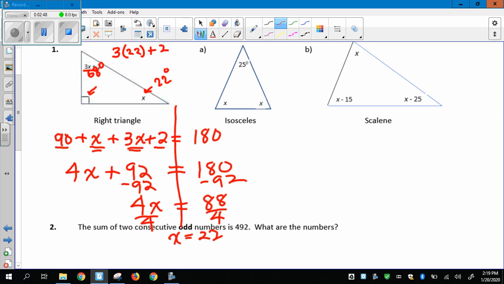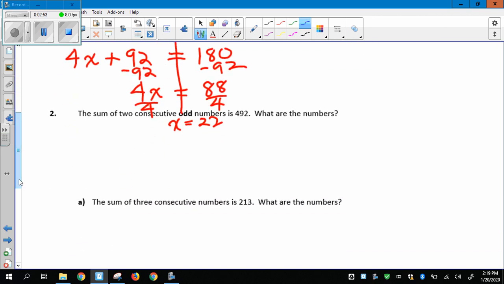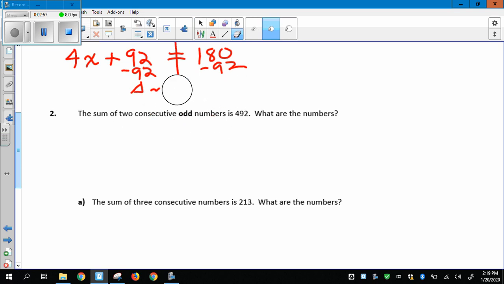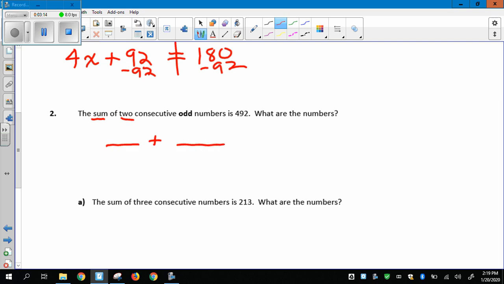So, the next type of problem is one of these consecutive integer problems. Remember that integers are whole numbers, basically, but they could be positive or negative. In this first problem, we have the sum of two consecutive odd numbers is 492. That means I'm adding up two things, and their total will be 492.